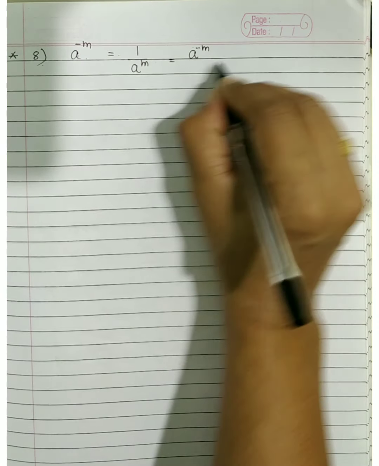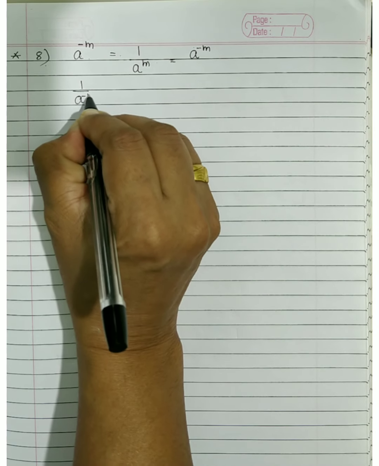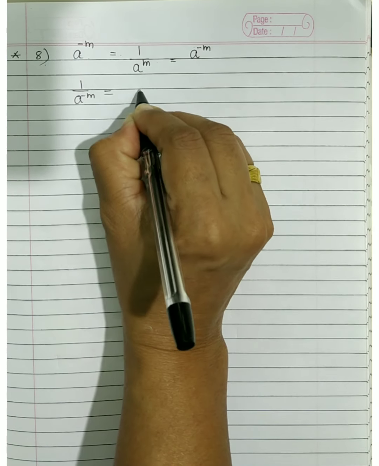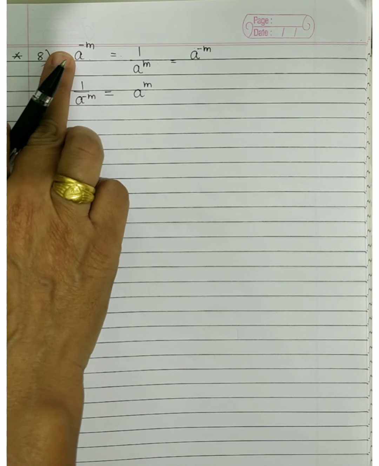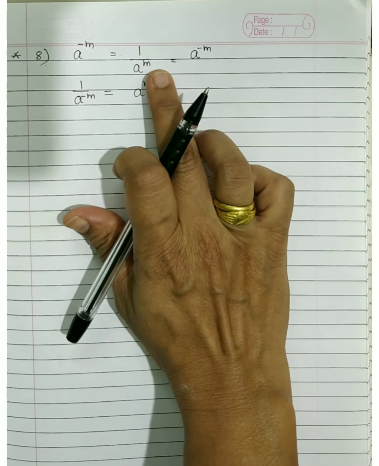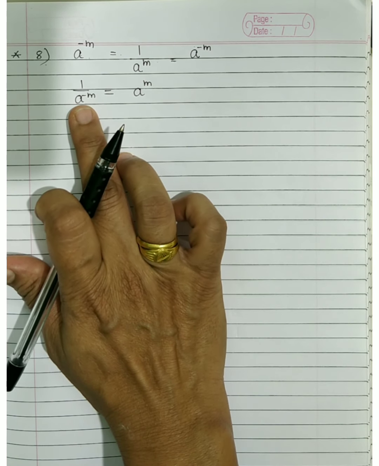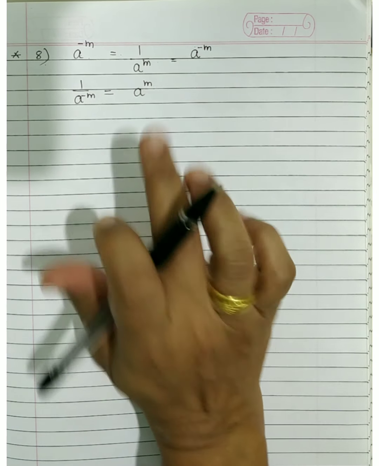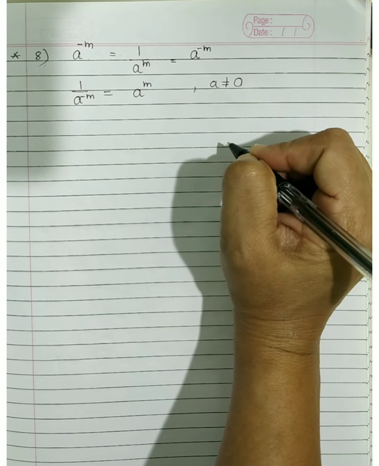Or if you have 1 upon a raised to minus m, it will be a raised to m. The numerator becomes the denominator with the positive index, and here the denominator becomes the numerator with the positive index. Remember, I repeat again, a cannot be 0.